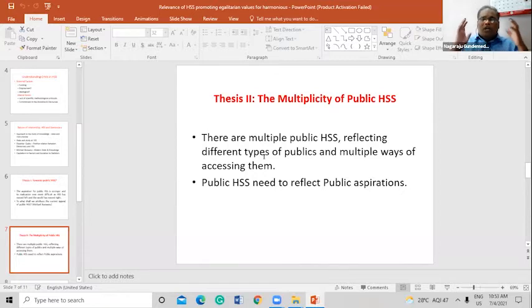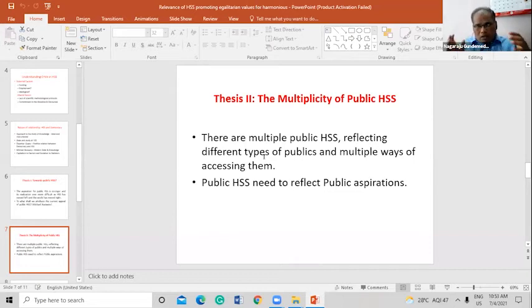When you are talking about the dominant epistemic practices, it has failed to recognize the democratic knowledge systems. So friends, please understand this question, the idea of democratic knowledge systems.